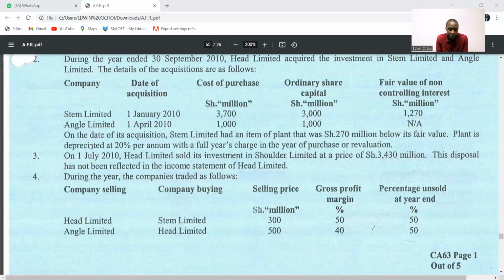So the plant is depreciated at 20% per annum with a full year's charge in the year of purchase or revaluation. So after you have this aspect of revaluation, you do what? You compute for depreciation under charge.